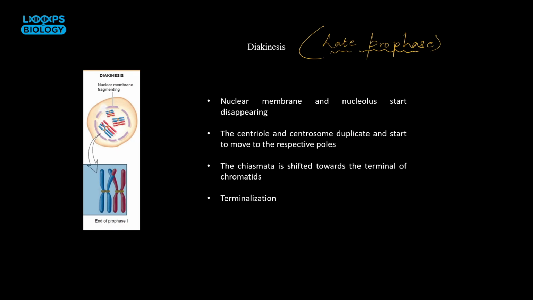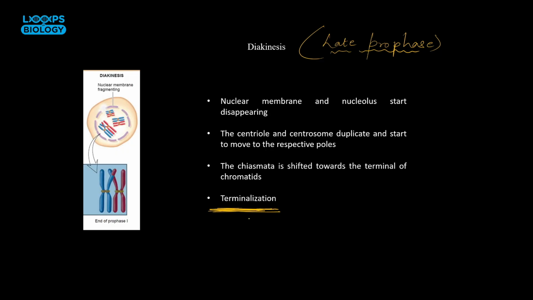Why is that happening? As soon as the synaptonemal complex is broken down, the chiasmata start to shift, and they try to hold themselves with the fingers. The chiasmata shift towards the terminal end of the chromatid, and that process is called terminalization.